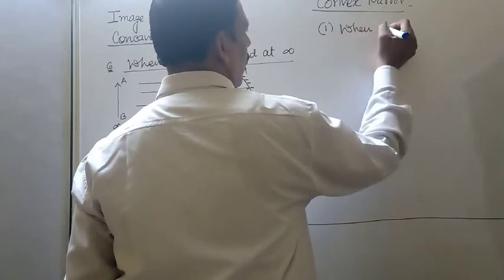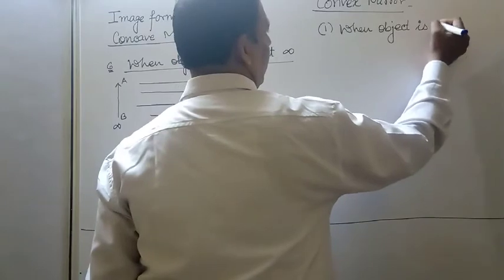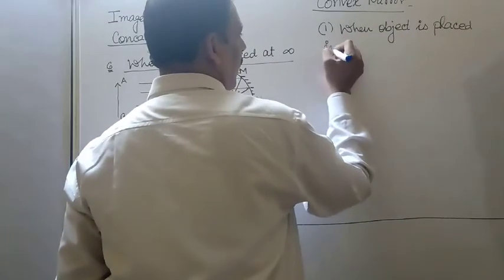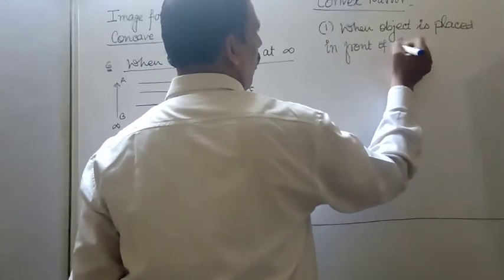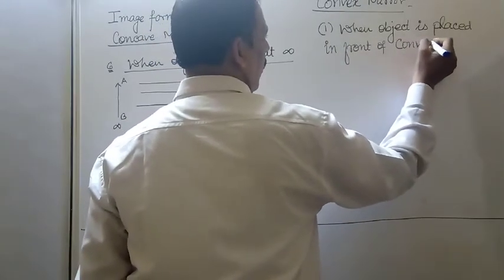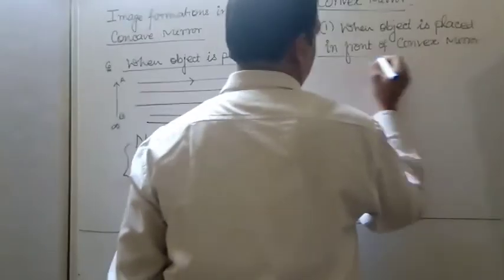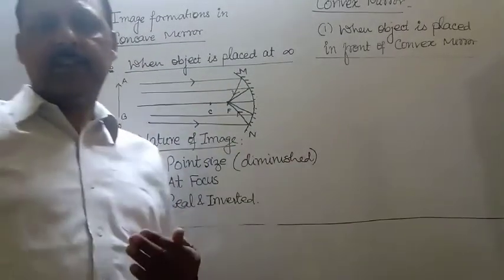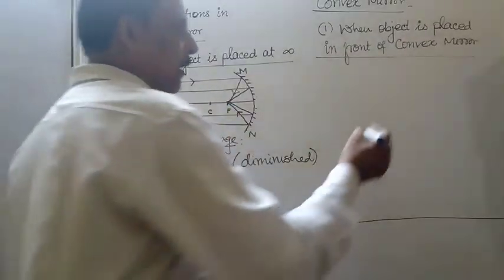When object is placed in front of convex mirror, there are no such six places anywhere in front of a convex mirror.